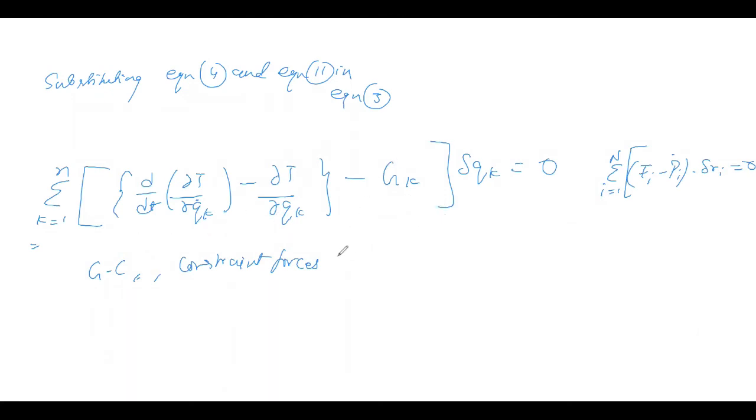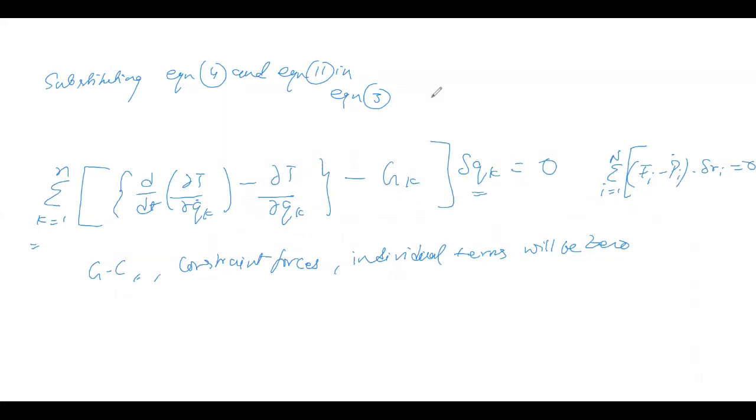So these individual terms will be 0. Why? Because the qk are independent of each other. We know that when the coordinates are independent, then the coefficients will become 0.